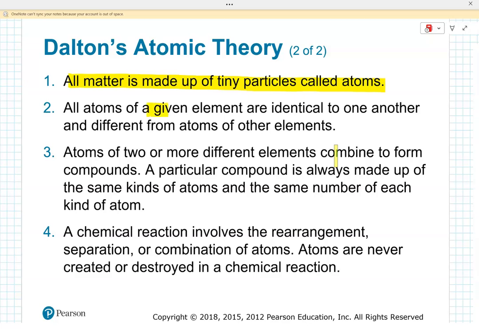Second, in a given element, atoms are identical to one another. Okay? Atoms of one element are different from atoms of another element. Fair so far? Cool.